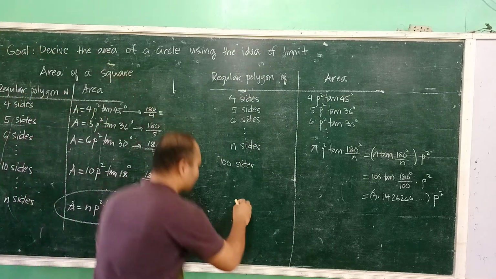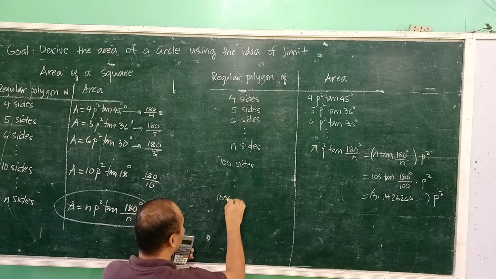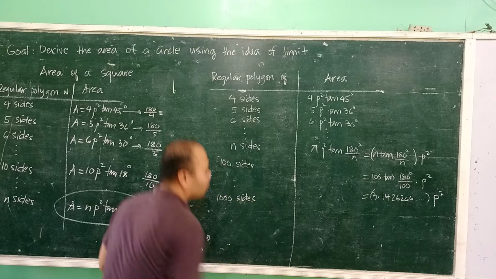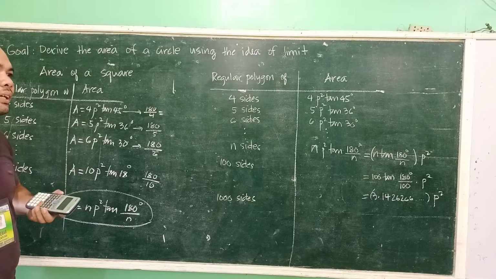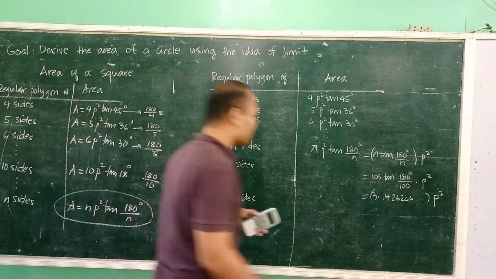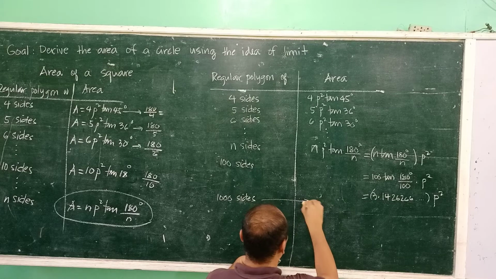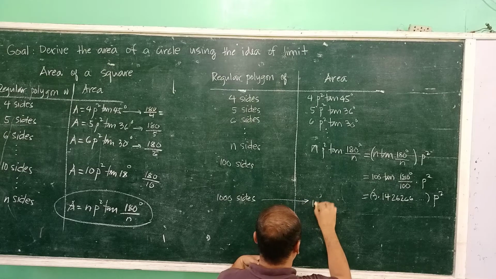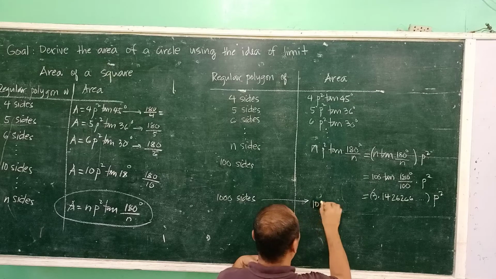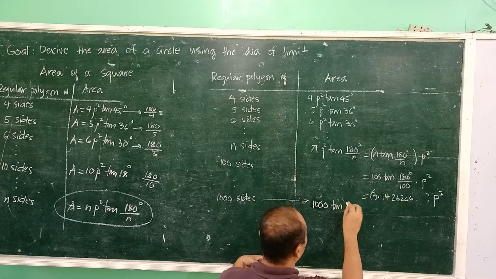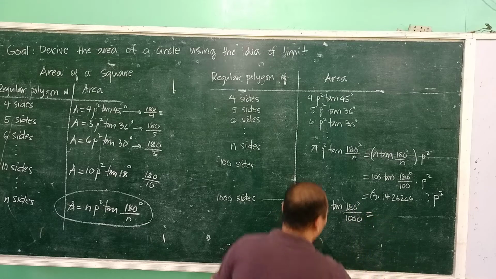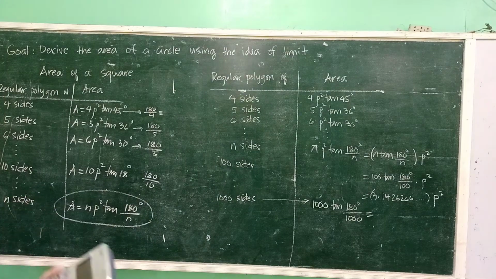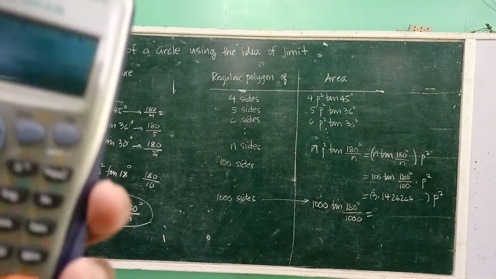Now suppose we have 1,000 sides. Imagine if your regular polygon has 1,000 sides, it's more like a circle, right? So you would likely see it as a circle. So what will happen to the formula here? In this case, you have 1,000 tangent 180 degrees over 1,000. Again, your calculator should be in degree mode.